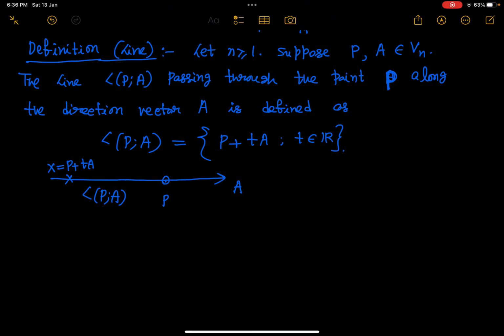As you vary t, the line will go infinitely on the right side and on the left side also.